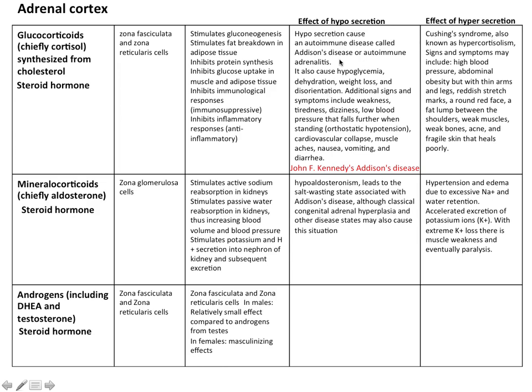Hyposecretion can cause an autoimmune disease, Addison's disease. It is also called John F. Kennedy's Addison disease, because U.S. President John F. Kennedy was also affected by this hyposecretion disease, Addison disease. So that's all about the adrenal cortex.